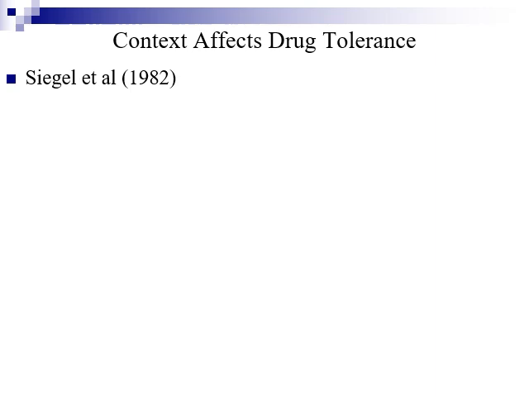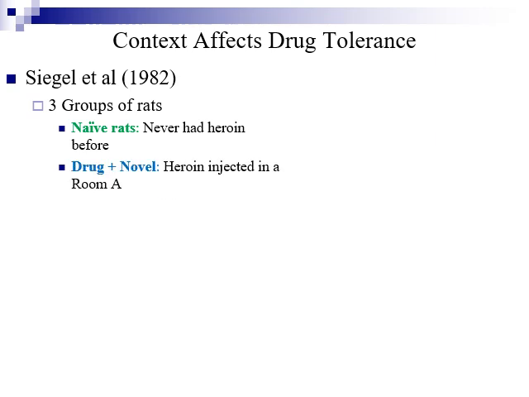Shepard Siegel, back in 1982, conducted this experiment using 3 different groups of rats. One group, the control group, was a group of naive rats. They were never given heroin. So these are clean, naive rats. Another group received heroin, injected in room A. That's where they always received it.